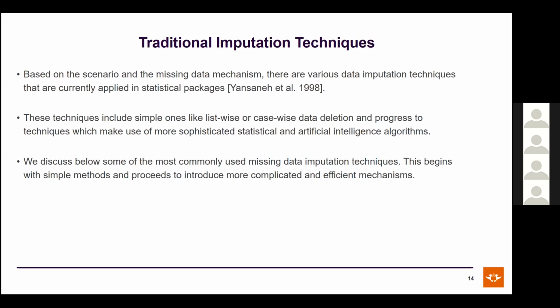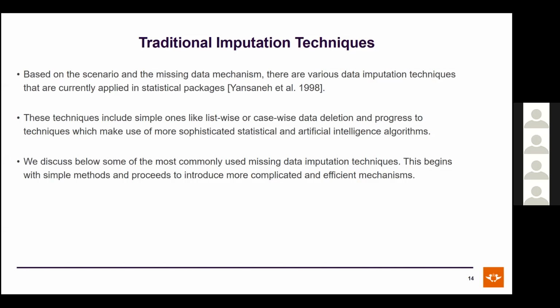I know I do that when I'm filling in some forms. There are some questions which I think twice about filling in. That will create missing data in a data set.